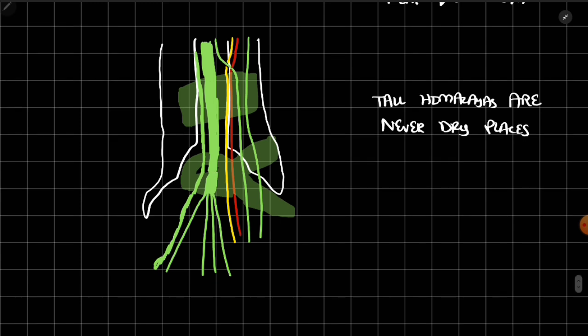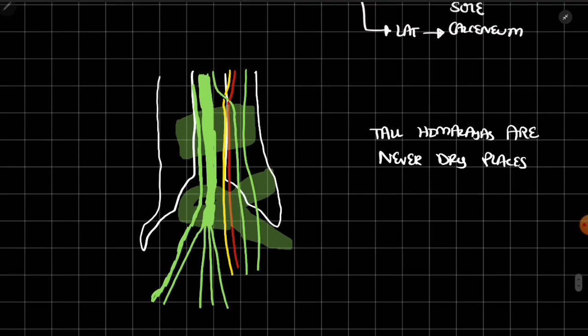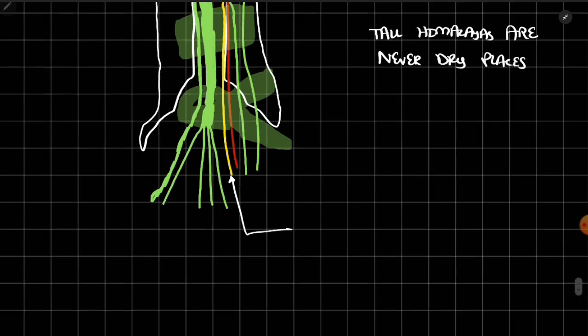So we will label them now. This one is peroneus tertius. This one is the extensor digitorum longus. This one is the deep peroneal nerve.